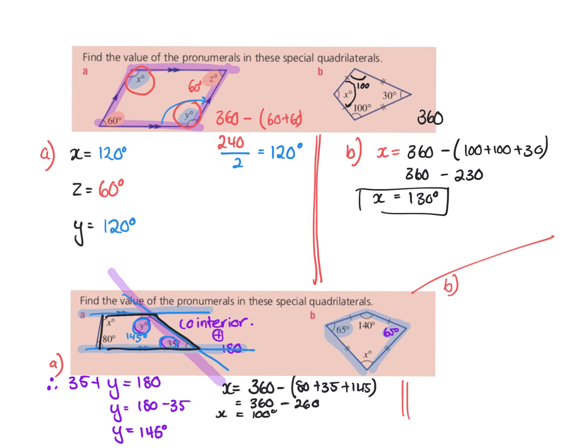Okay, so therefore x must equal 360 minus all the others added up. 65 plus 140 plus 65. So 360 minus 270, is it? Equals 90. Right, it looks roughly like a right angle, so I'm happy with that. So x equals 90 degrees.